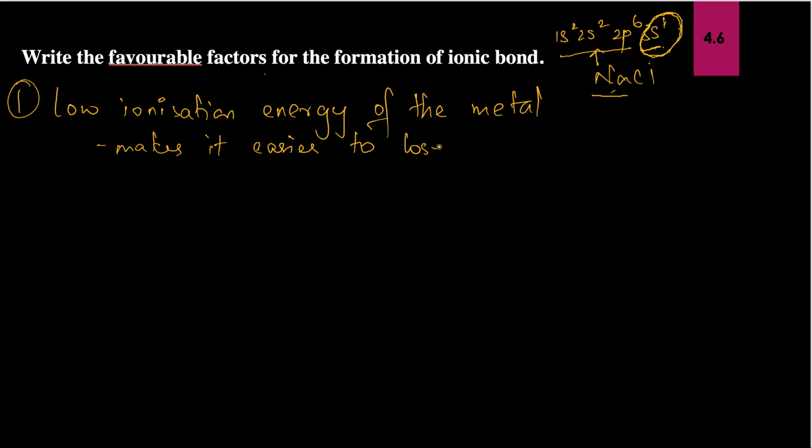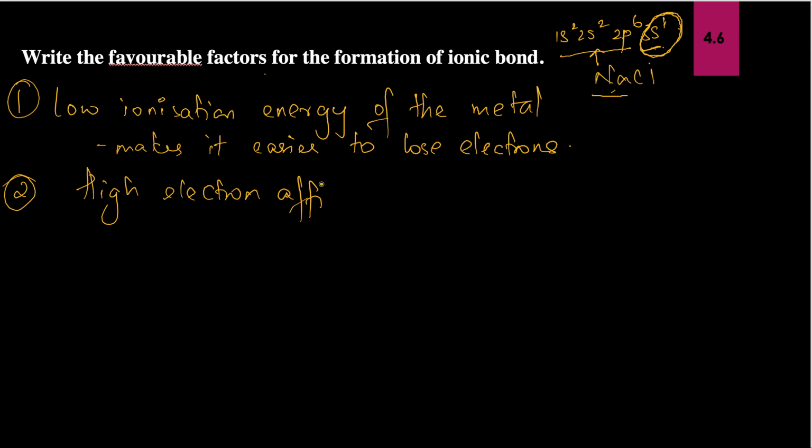Okay. Now the second thing is high electron affinity of whom? Of the non-metal. If you have low ionization energy of the metal, then it has to be the opposite for the non-metal: high electron affinity.